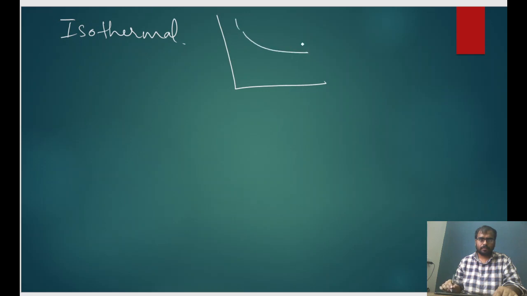Next process is isothermal. The PV diagram is like this. Listen here. If the process goes like this, it is an isothermal expansion process.